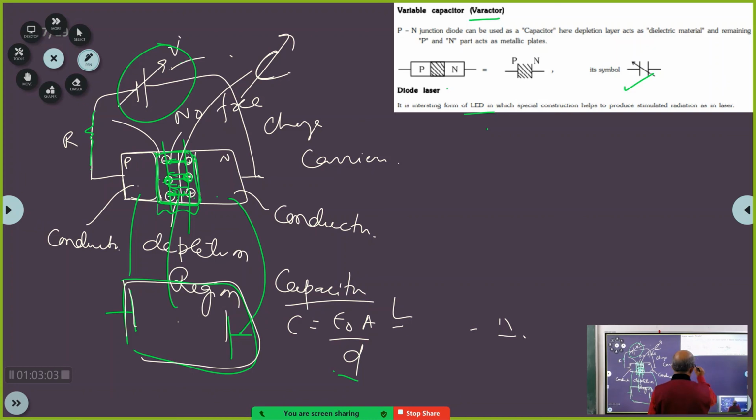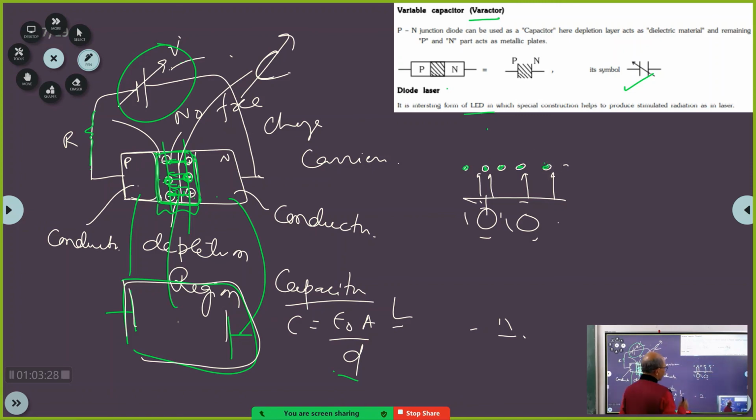Here there are many atoms with electrons. There is a mechanism by which you elevate the electrons from the lower energy level to the higher energy level. So there are many electrons lying in the higher energy level.